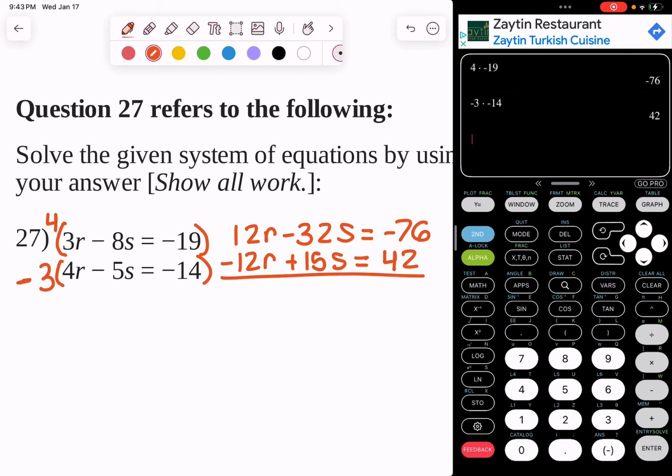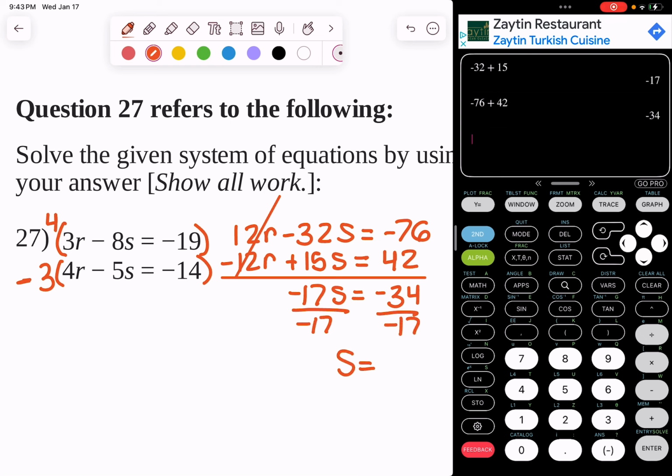All right, now let's add these together. 12 minus 12 is 0. Negative 32 plus 15 is negative 17s. And negative 76 plus 42 is negative 34. I'm then going to divide by negative 17, and I get s equals 2.